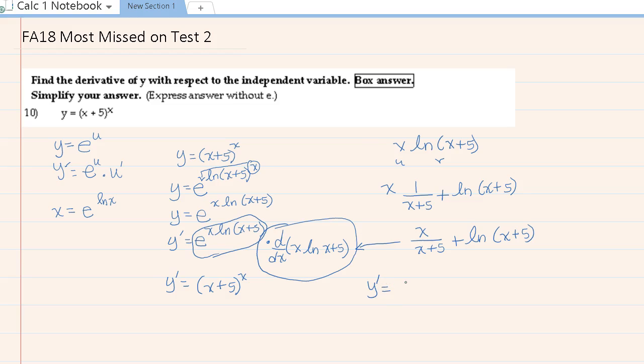So y prime is equal to our original function, (x plus 5) to the exponent of x, times the derivative of x natural log of x plus 5. So when we do that, we're going to have x over x plus 5 plus the natural log of x plus 5. And that's our final answer.